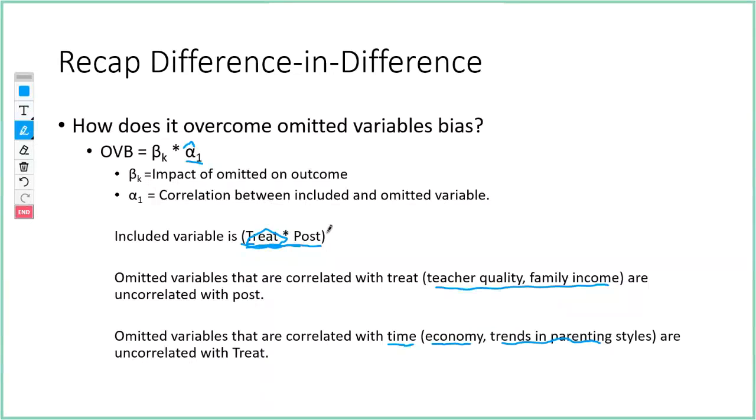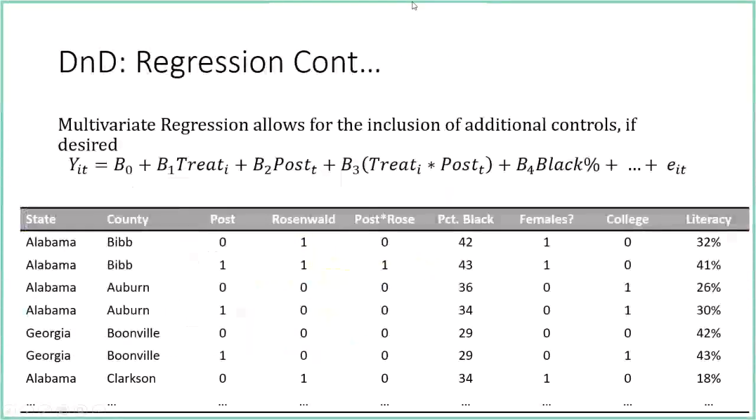So yes, there are a lot of omitted variables, but by using the interaction term, the correlation between the omitted variables and the interaction term is going to be 0, because most variables are only correlated either with treatment or with post. Thus the omitted variable bias on beta 3, the coefficient on the interaction term, is going to be 0.